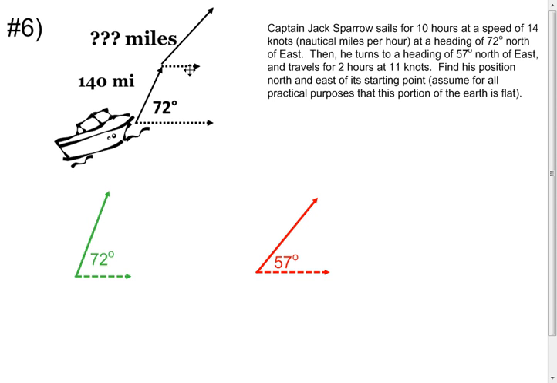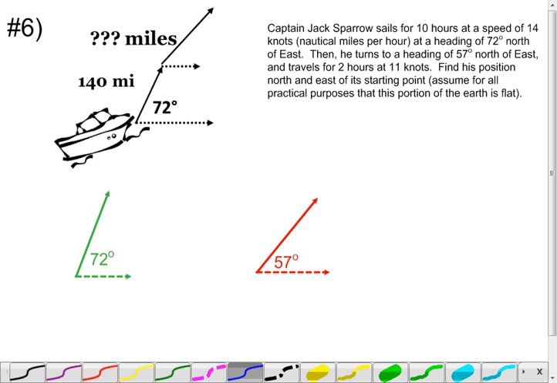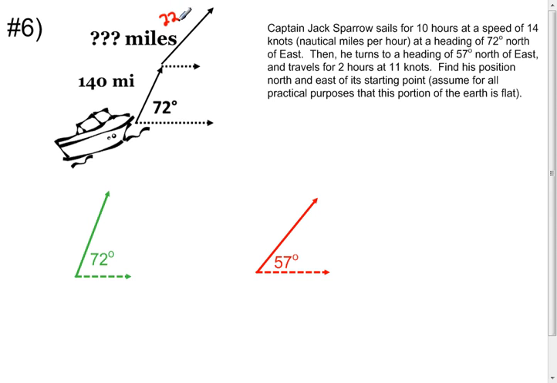And then he turns and travels for 2 hours at 11 knots. So 2 hours at 11 knots would give me 22 miles. So this one up here is going to be 22. And this is 57 degrees. So the question is, where does he end up?